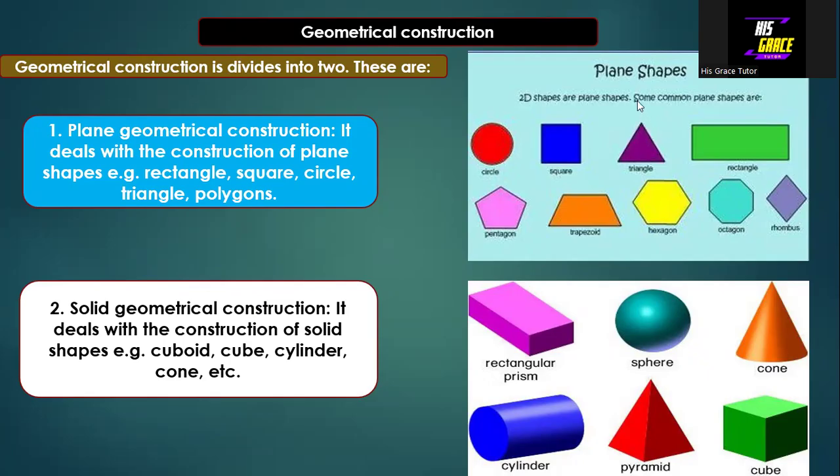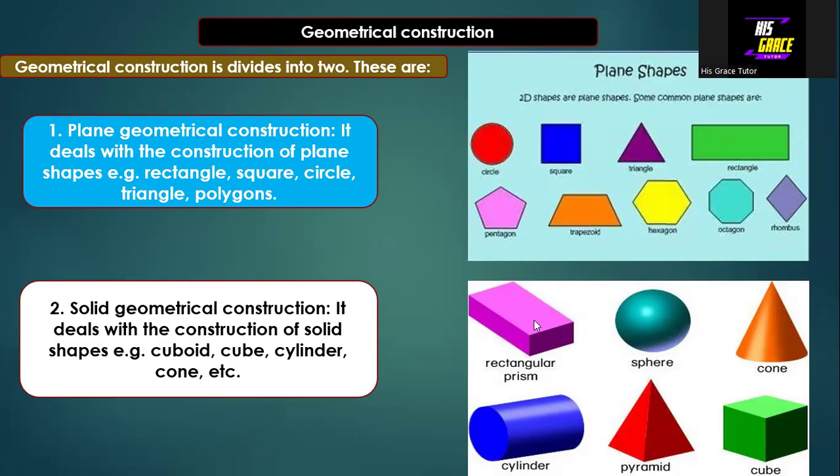Diagrams that we have here are showing us plane shapes. We have a circle, square, triangle, rectangle, pentagon, trapezoid, hexagon, octagon, rhombus, and so on. These are some of the plane geometrical shapes that we have.